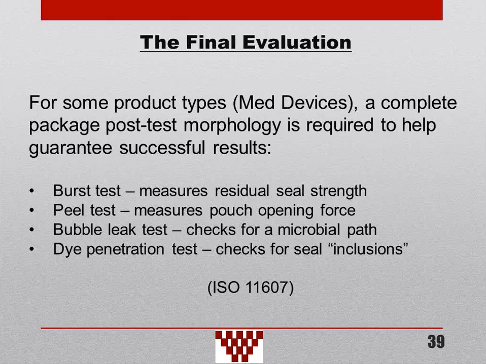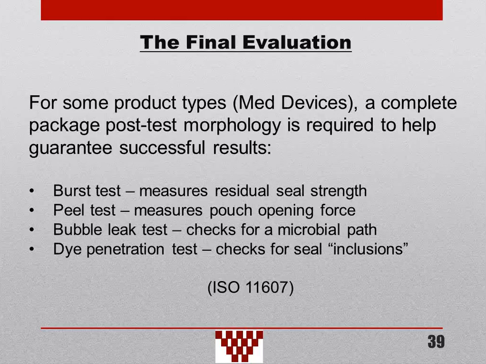In addition, a peel test will tell you if there's any gross effect on the ability to separate 2 separate pieces of material forming a pouch. Bubble leak check might be able to tell you if there are any breaches in the microbial path, or actually the microbial barrier of the package system through which bugs can travel, but they're not really apparent. You might look at it with your eyeball and say, it looks good to me, but the bubble leak test is a better evaluation of the package.